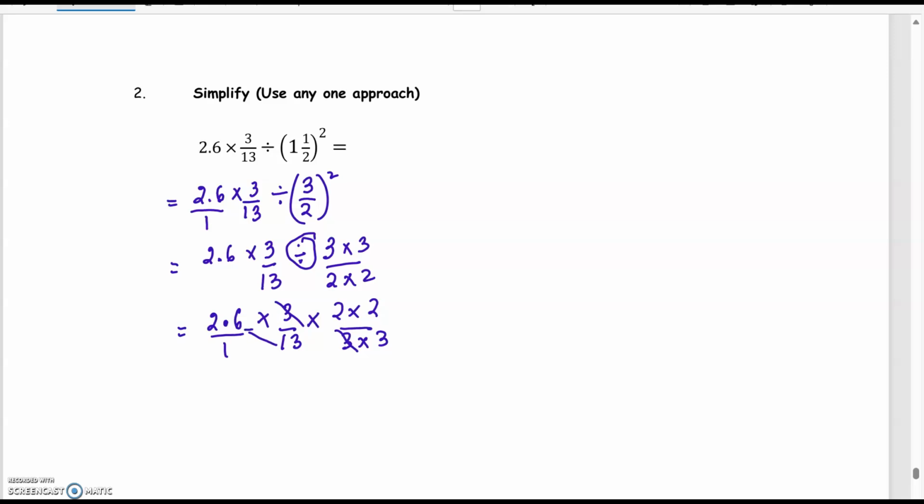Now if you look at these two numbers, it looks like 13 can cancel with 26, but let's just change 2.6 over 1 to a fraction. I could multiply both the numerator and denominator with a 10. So that'll not only get rid of the decimal point in the numerator, but also turns it into a fraction.